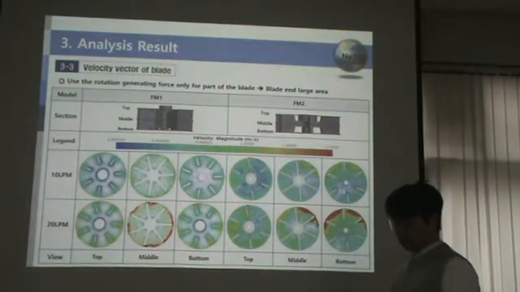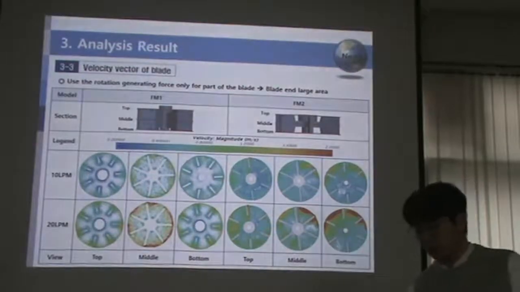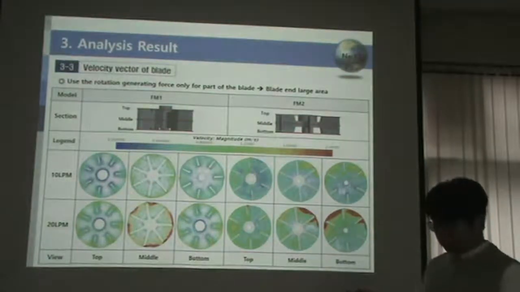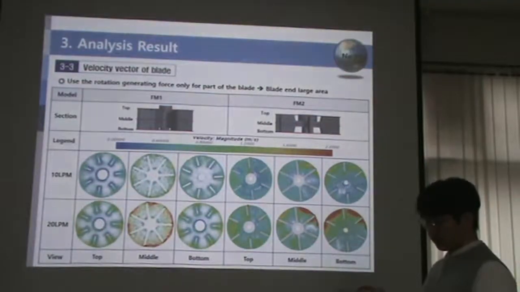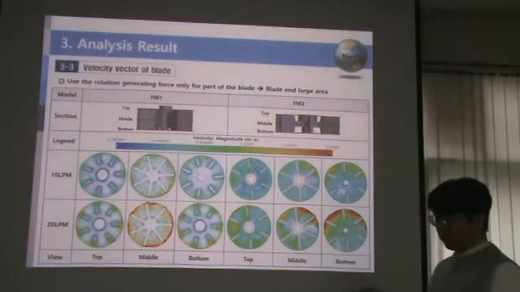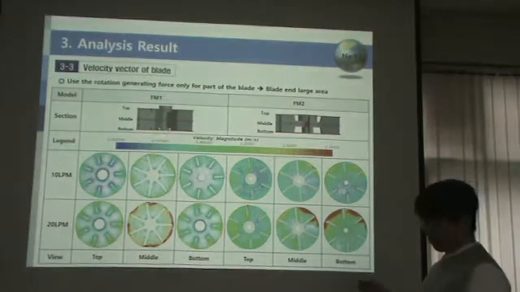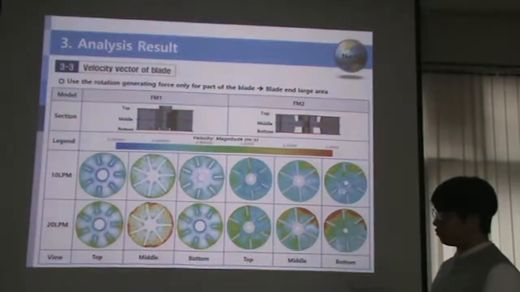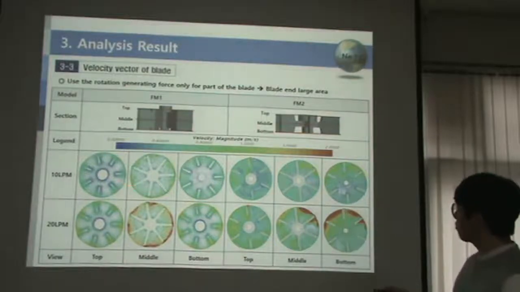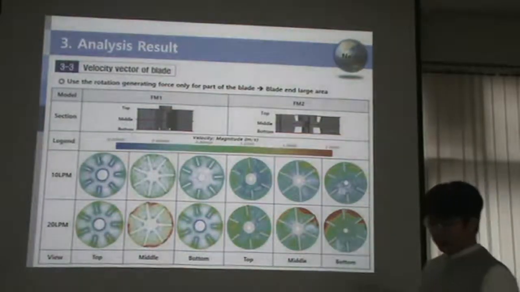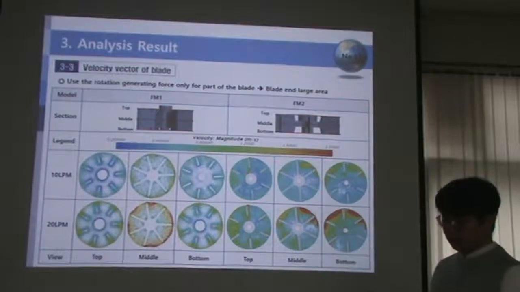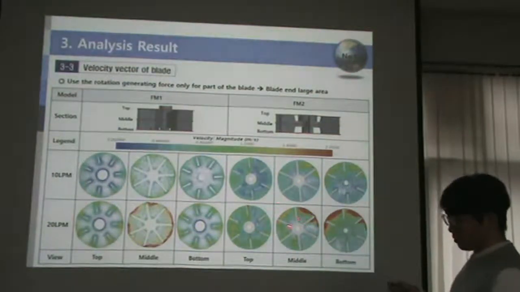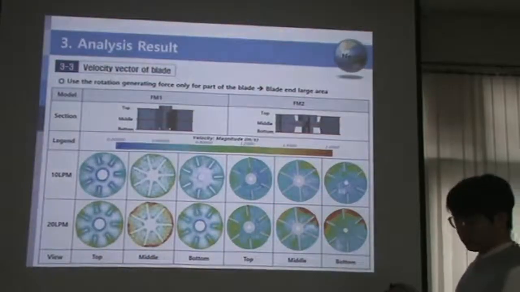The following figure is the blade speed vector of the models for each flow rate. The flow rate of FM1 is even and constant compared to FM2, and FM2 is biased in some places, resulting in an uneven internal velocity distribution.